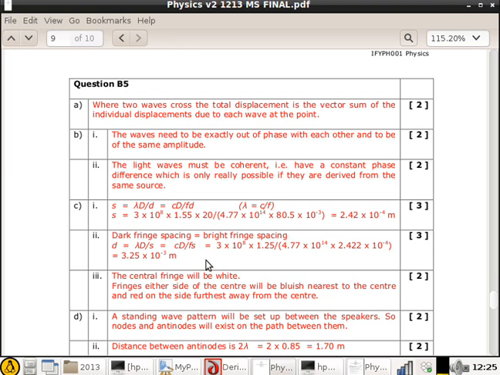And if you look here, what do they have for the x? 80.5 times 10. Is that the x? Is that what you got? You just said it a moment ago, divide by 20. 80.5 divided by 20. 80.5 is what we're given, the distance for 20 of them.